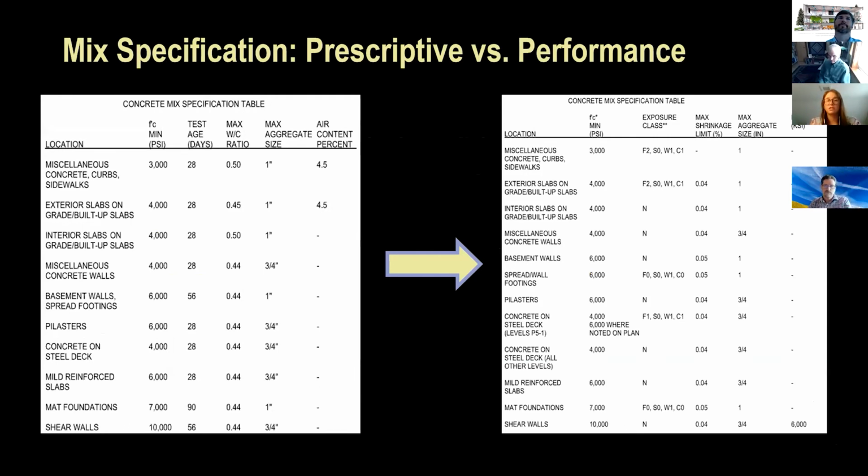Another thing that we've started to do with our specifications is moving from the prescriptive traditional way of specifying concrete mixes to this kind of performance method. So in the traditional method, we would tell the GC and the concrete supplier the test age, the water to cement ratio.